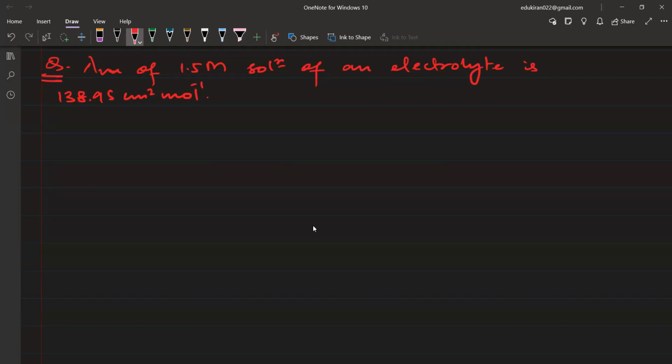We calculate the conductivity of this solution.